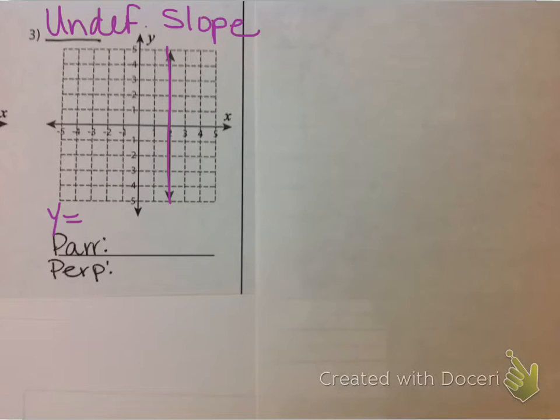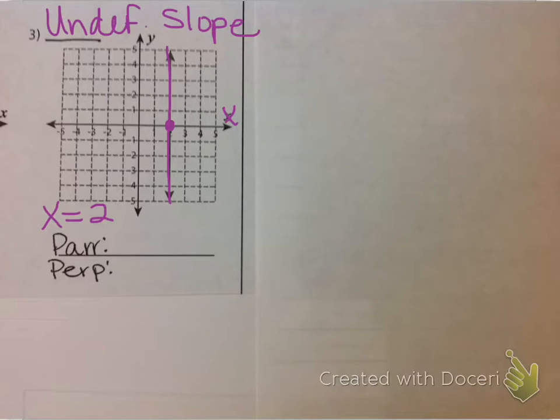So this line, and I'm going to have to erase this right here because it's not going to start with a y. This line actually crosses the x-axis, and it never touches this y line right here. So we're going to have to say that this is an x equals. We can see that it crosses the positive 2 right here on the x line. So x equals 2.